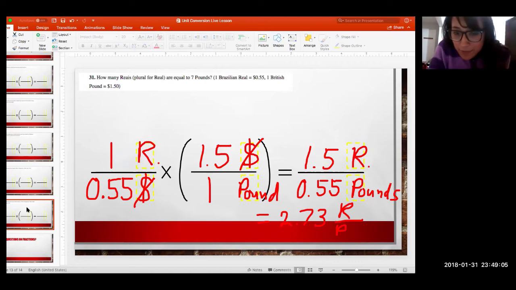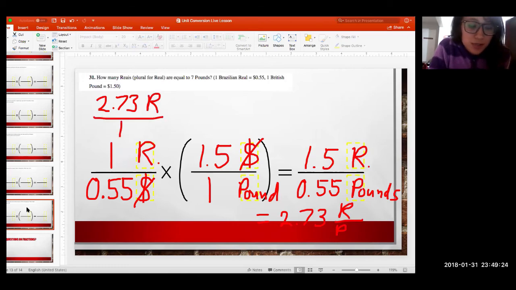So if this is 2.73 reals per pound, we have to multiply this 2.73 times 7 because we want to know for 7 pounds.